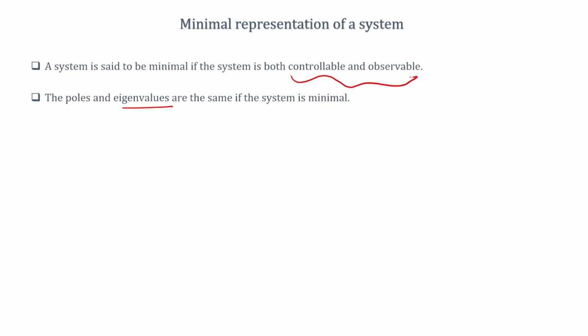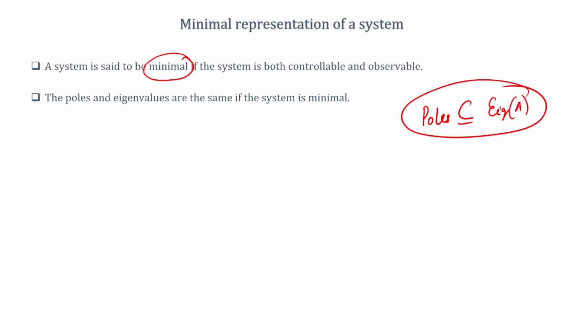And such a system which is both controllable and observable is what is known as a minimal system. Remember, we had poles as a subset of eigenvalues of A. Now if the system is controllable and observable, then poles will become equal to the eigenvalues of A. So for a system which is minimal, poles and eigenvalues are the same thing.